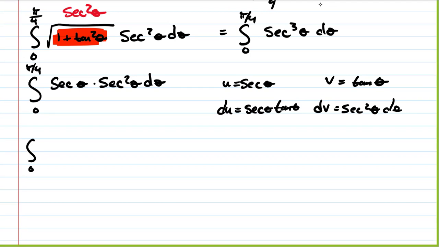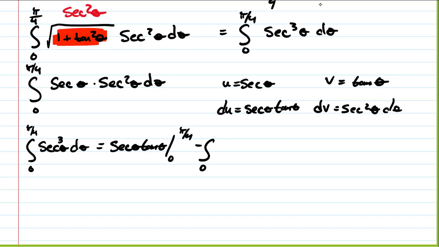So then that gives us the integral from 0 to pi over 4 of secant theta cubed d theta is equal to u times v. So that's going to be secant theta tangent theta, evaluated from 0 to pi over 4, minus the integral from 0 to pi over 4 of v du, which is going to be secant theta, and then tangent times tangent is tangent squared theta d theta.